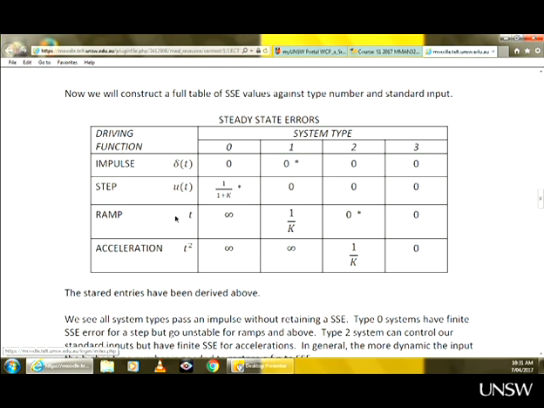Now, an increase in the input order or input dynamics will result in an increase in steady state error. So, as you can see, impulses are good. They don't result in steady state errors at all. But steps, be careful. You would like at least one integration in the system to have a steady state error at 0.